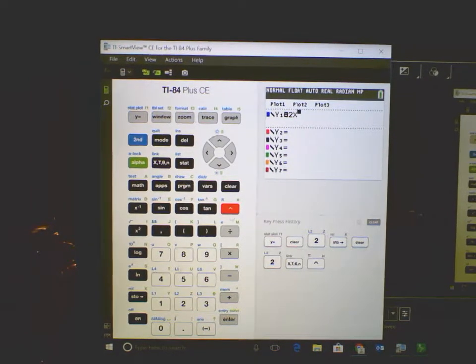2x to the fourth minus 12x cubed. Oh, I messed up already.